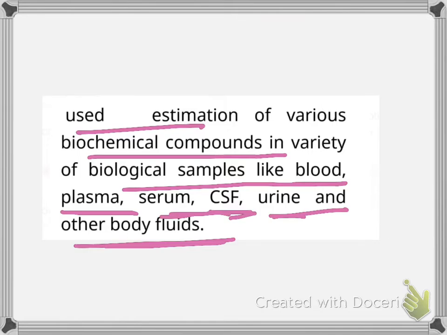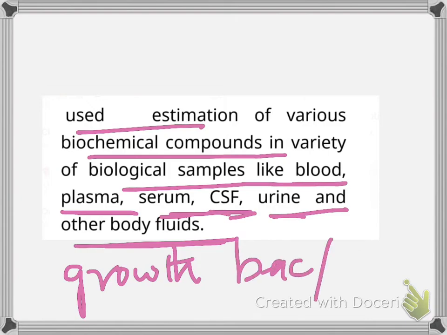It is also widely used for monitoring the growth of bacterial or yeast cells in liquid cultures. These are the applications of the colorimeter. This is all about colorimeter. Thank you.